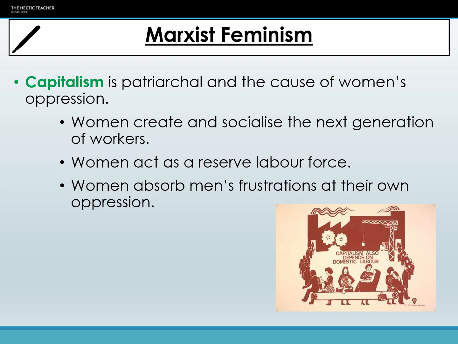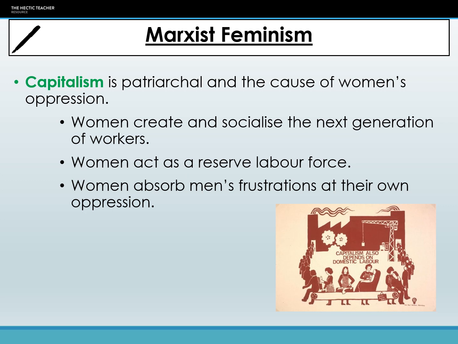They also argue that women act as a reserve labour force. Now, this was particularly prominent during World War I and World War II, where women stepped up and filled roles within industry and within farming and things like that while men were away at war. And obviously, when men came back, women were sent back to the kitchen. However, even in modern society, women are still seen as a reserve labour force.